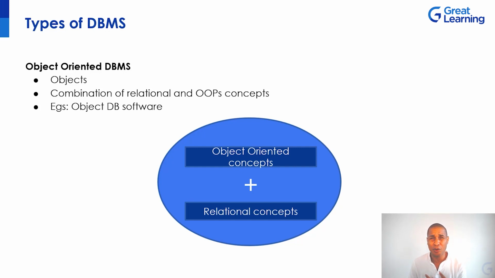One is the object-oriented and the other is the relational concepts that we just discussed in the previous slide. This is usually used when we're talking about concurrency and security. So you can think about object database software. Some of the concepts you might hear when you're learning more about this are polymorphism and encapsulation.